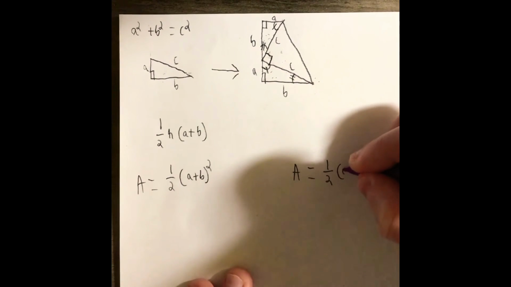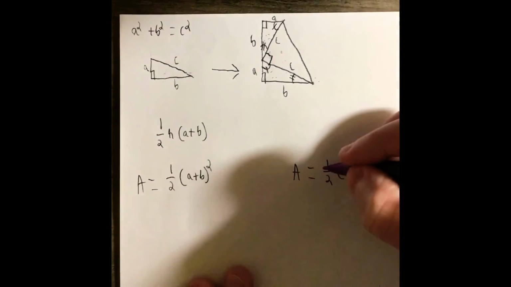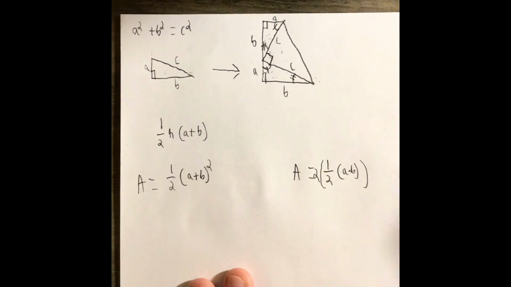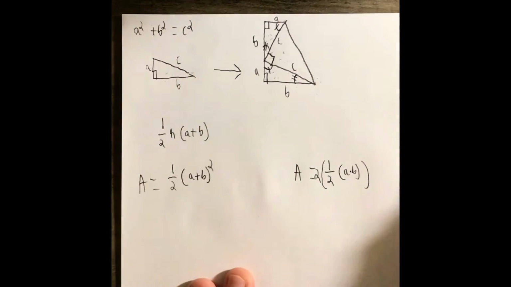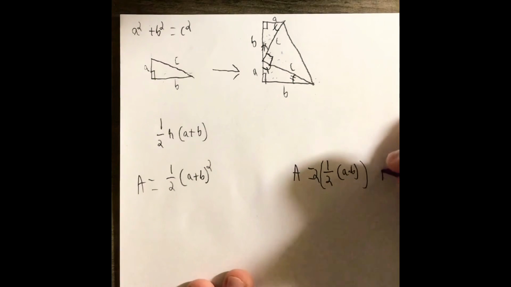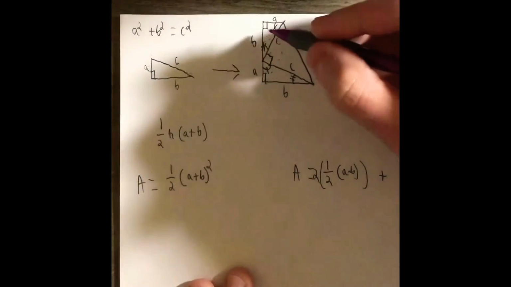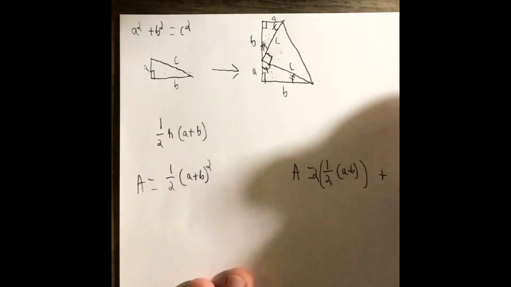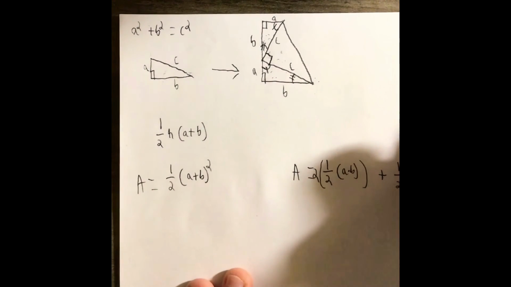So 1/2 a times b. And then, since there's two of them, you just multiply that whole quantity by 2. Now what about this middle triangle? It's a bit easier. It's just, again, 1/2 base times height. Well, the base is c and the height is c, so 1/2 c times c, which is 1/2 c squared.